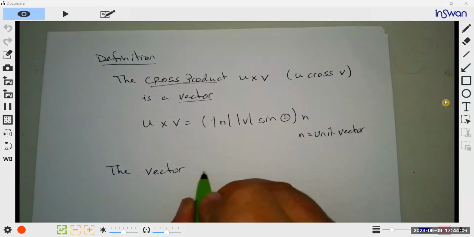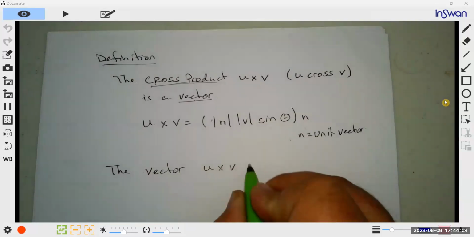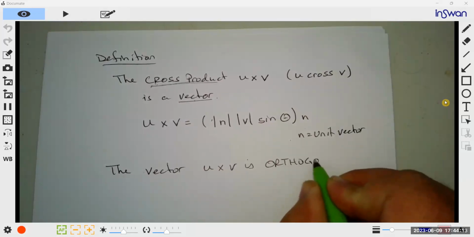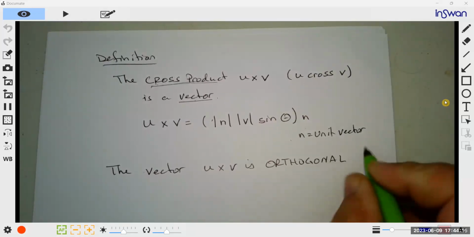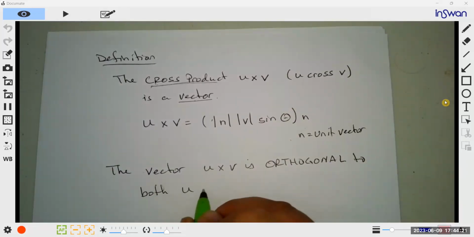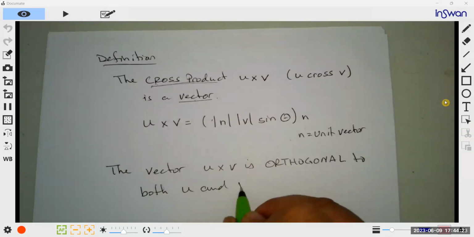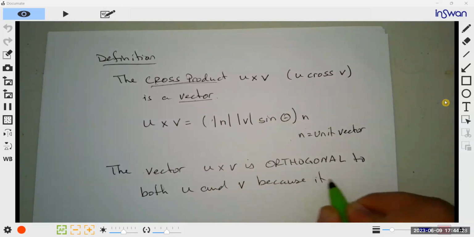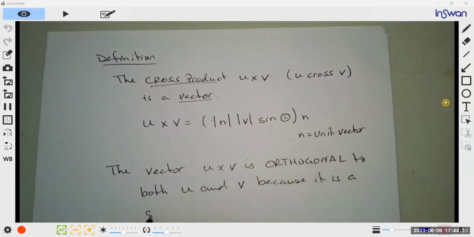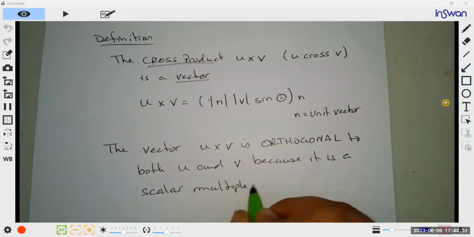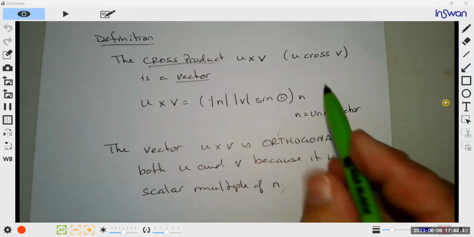The vector u cross v is orthogonal to both u and v because it is a scalar multiple of n, which is what that unit vector is.